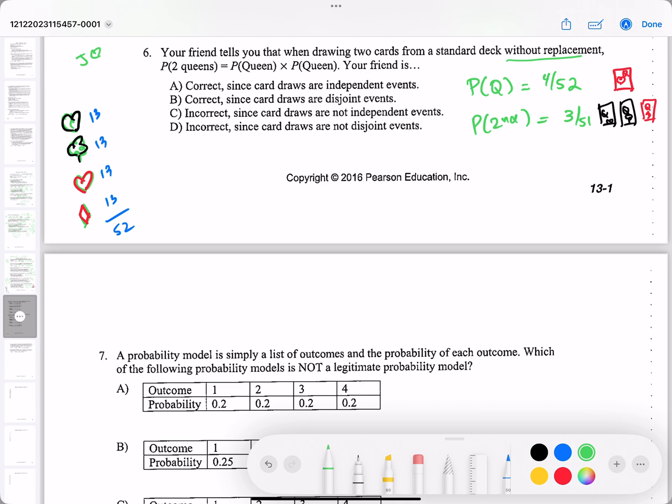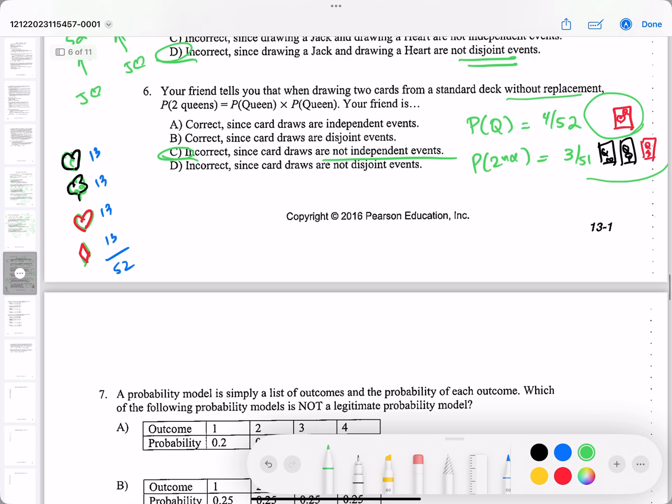Therefore they do influence each other, because since I took a queen, I now only have 3 left, and so you can see that that's the problem. Therefore it is not independent events, because depending on what card I took, the probability of another queen increases or decreases.